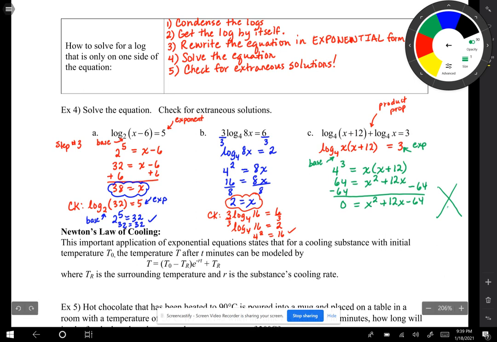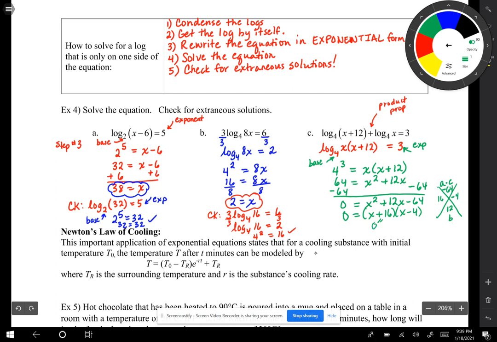So b is positive 12, goes down here. A times c is 1 times negative 64. Now find two numbers that multiply to give you negative 64, added give you 12, and it's a positive 16 and a negative 4. So we have 0 equals x plus 16 times x minus 4.